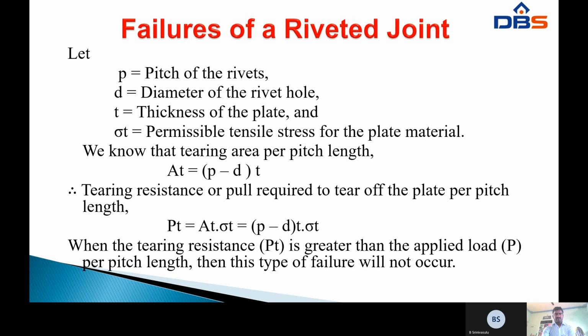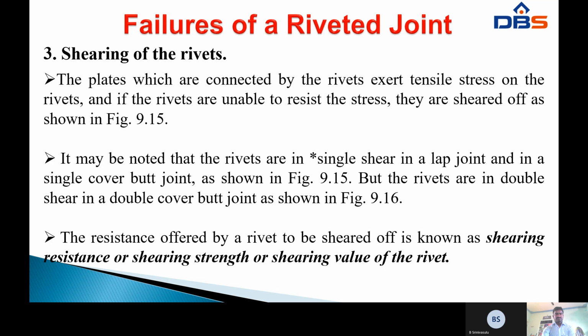Failures of a riveted joint. The third one is shearing of the rivet. The plates connected to the rivet exert tensile stress on the rivets, and if the rivets are unable to resist the stress, they are sheared off, as shown in figure 9.15.